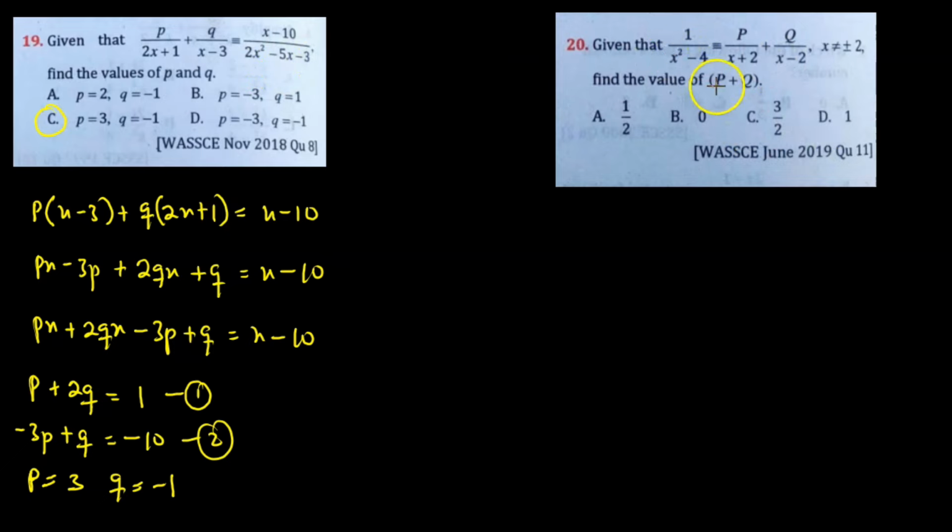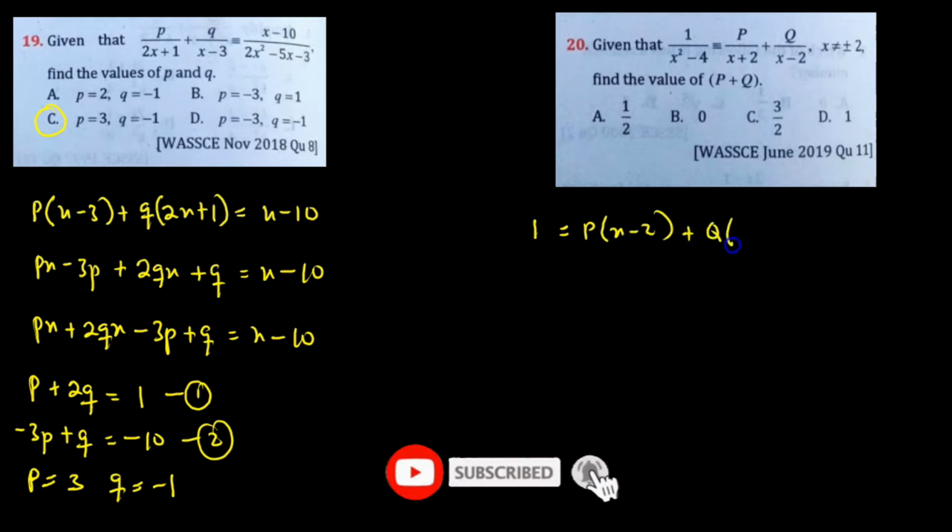So in solving for P plus Q, because that's what the question was demanding, it's not finding P separately and finding Q separately, but this time it says find P plus Q. So following the same procedure, we must get rid of the fractions. So we multiply through by the LCM, and it will be left with 1 equal to P into bracket x minus 2, and then plus Q into bracket x plus 2.